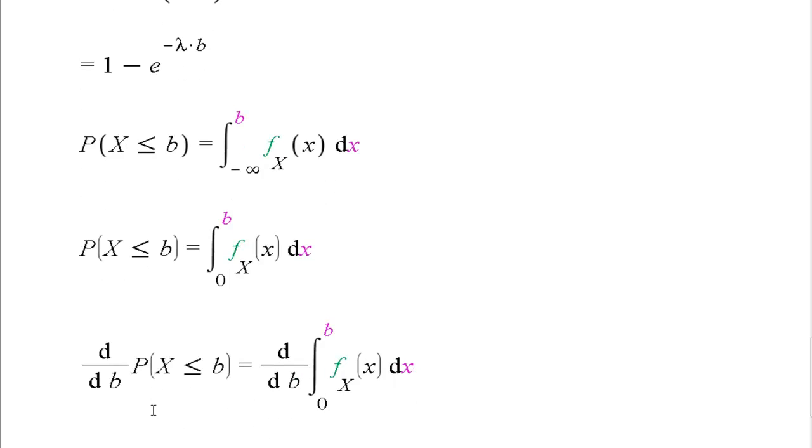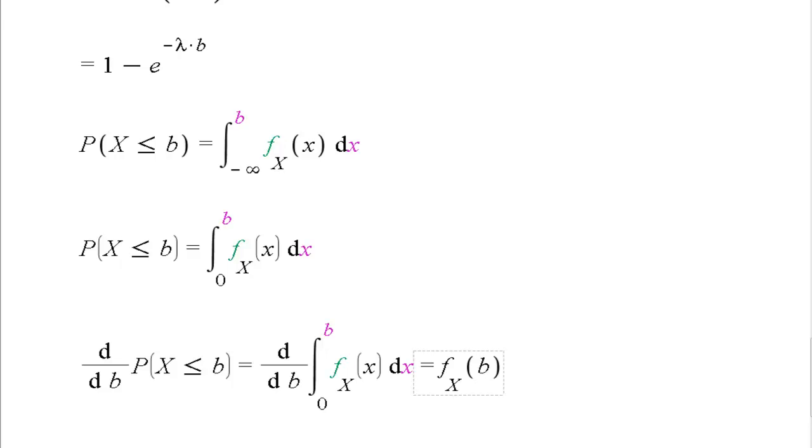And what do I get? Well, the fundamental theorem of calculus says that if the upper limit of integration is equal to the variable that I'm taking the derivative with respect to, then this is just the integrand evaluated at that variable. So this is just equal to f sub x of b.